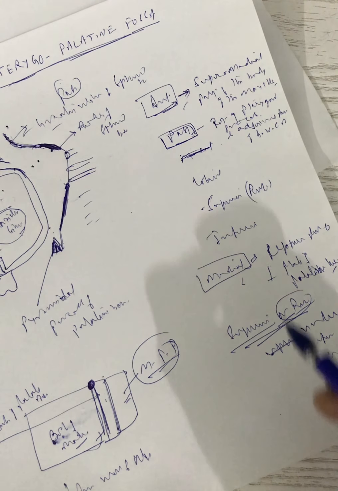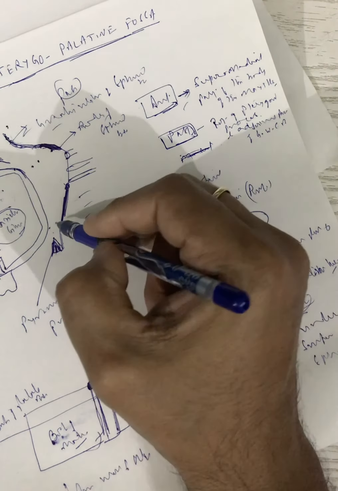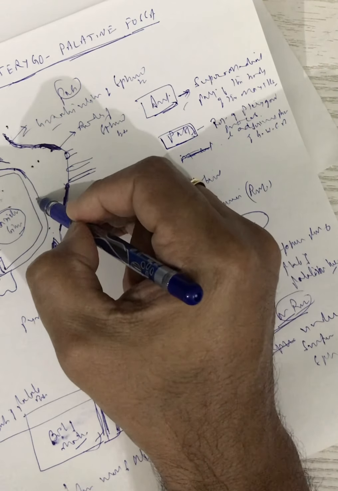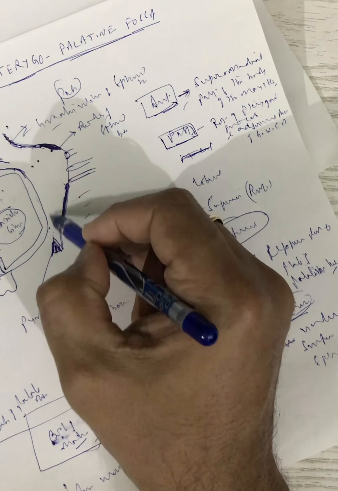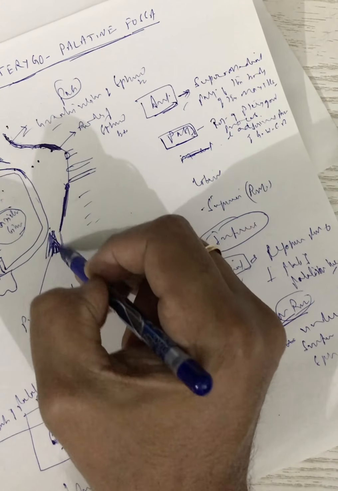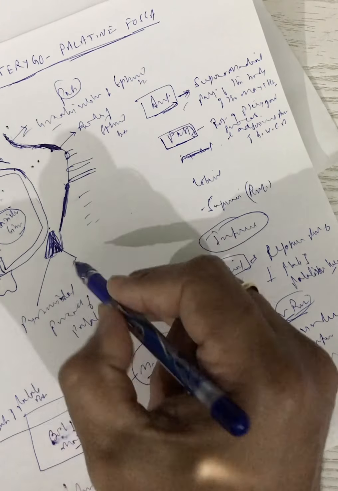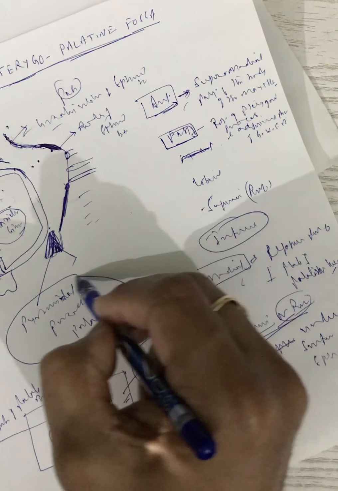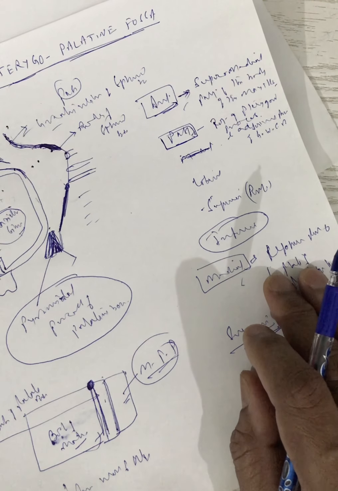Now we are left with the inferior. Inferiorly, you see the meeting point of the maxilla and the pterygoid plate. This is called the pterygomaxillary fissure, and this is closed by the pyramidal process of the palatine bone. Palatine bone itself is very small, but it has got a lot of processes.